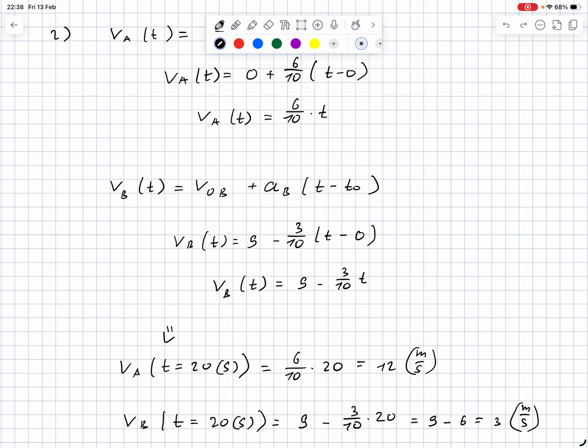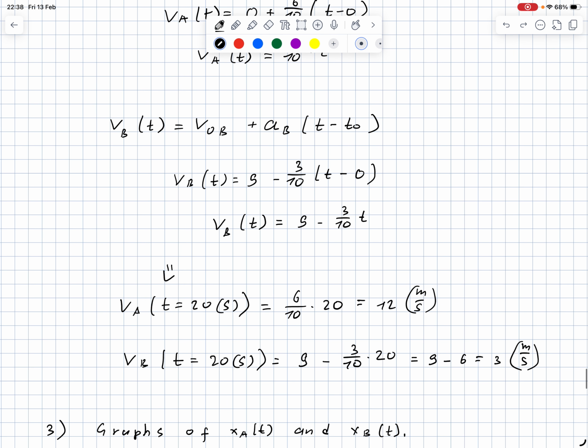Finally, we get this value, 12 meters per second. Let's see what value we get for the second object B. We get 9 minus 3 divided by 10, times 20, which is t. Finally, we have the value of 3 meters per second.